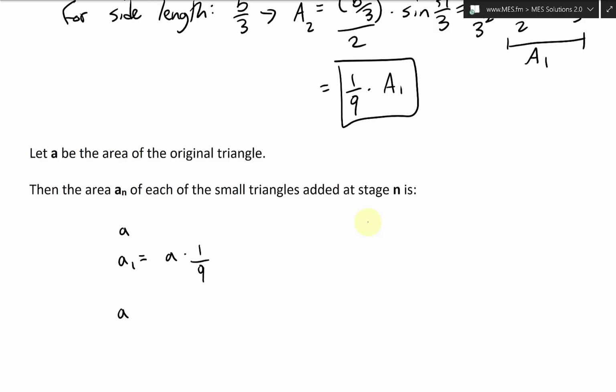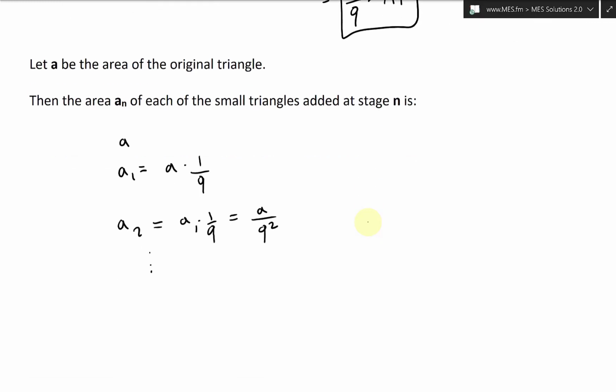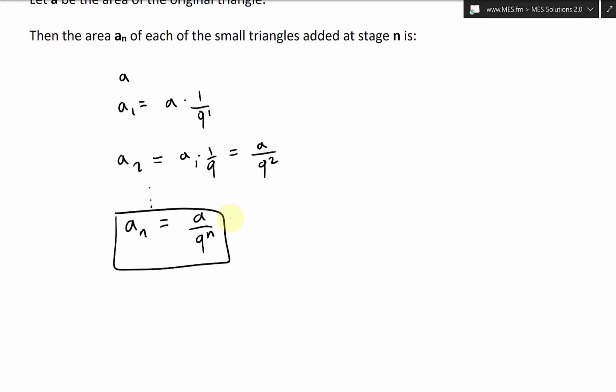Then A2 is A1 times 1 over 9, which equals A over 9 squared. Then dot dot dot, for completeness, An equals A divided by 9 to the power of n. Notice A2 is A divided by 9 to the power 2, and A1 is A times 1 divided by 9 to the power of 1. So that is what our An is.